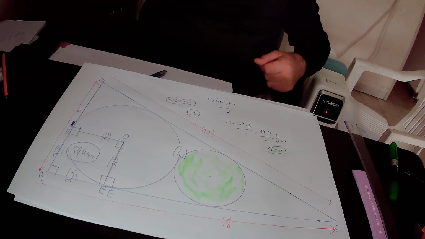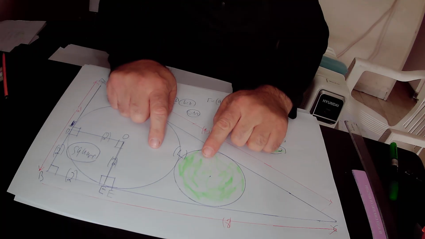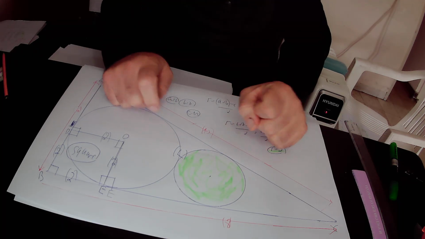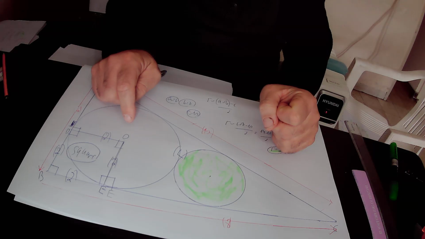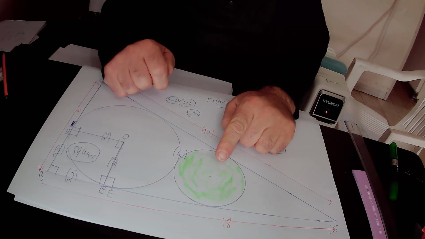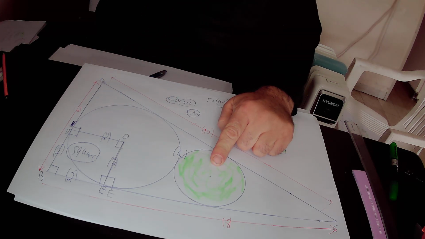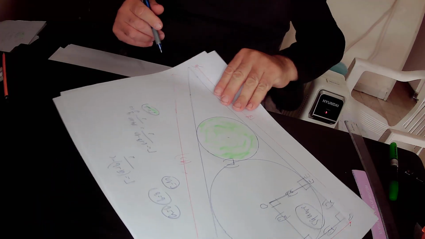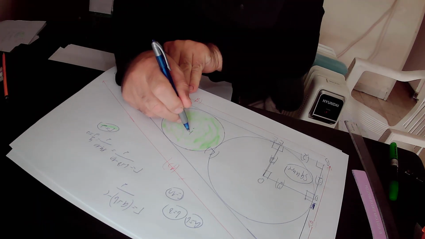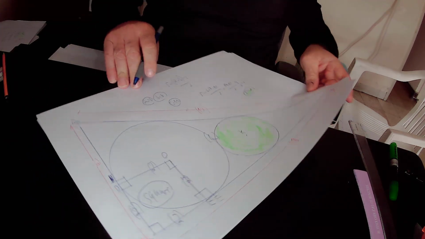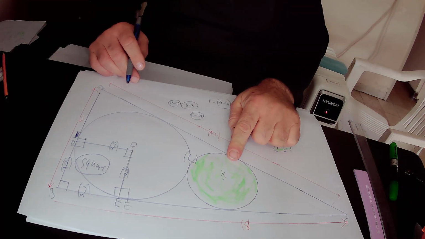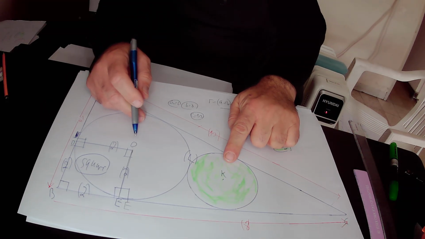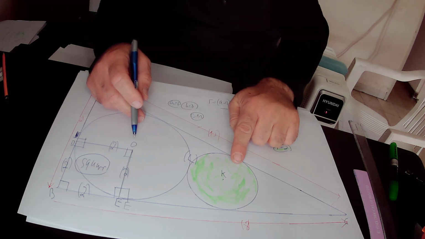Likewise, in our drawing, those two circles touch each other externally at point L. The center of this circle is at point O. We define the center of the green circle as point K. So the center of this circle is K, and the straight line that connects the centers together is of course the straight line OK.